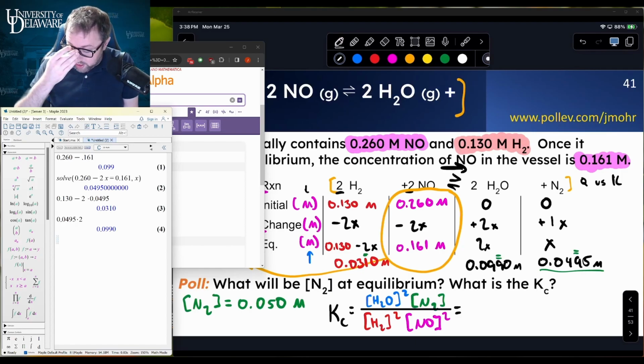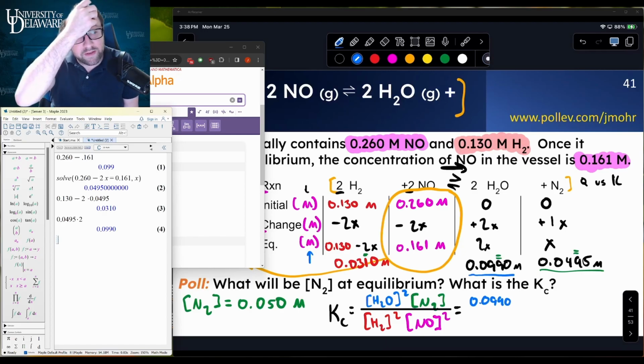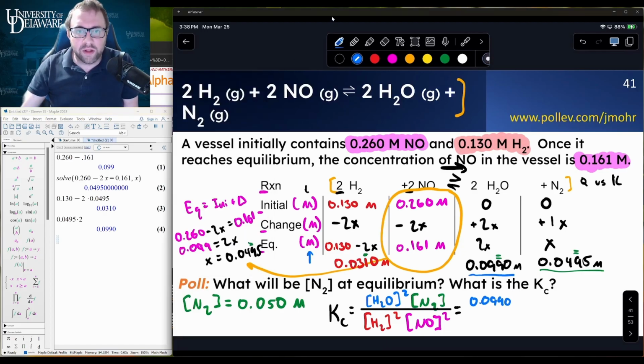Now I'm going to plug in my equilibria values here. So we have 0.0990. Remember that in your Kc expression, these values are normalized, relative to the standard state. So you don't have to write units in here because all of these are divided by 1 molar inside that parentheses. So we have 0.0990 squared.